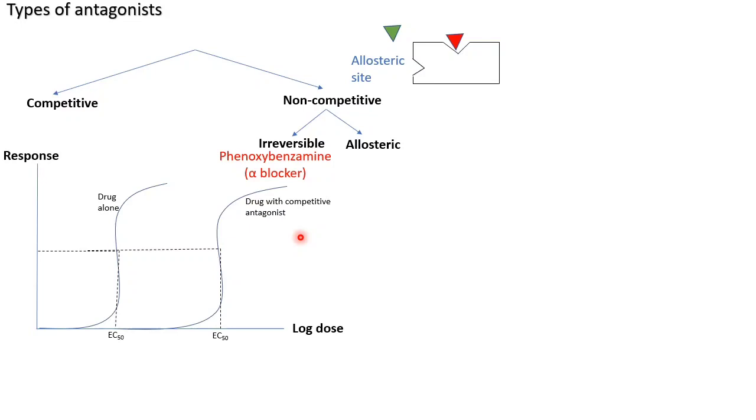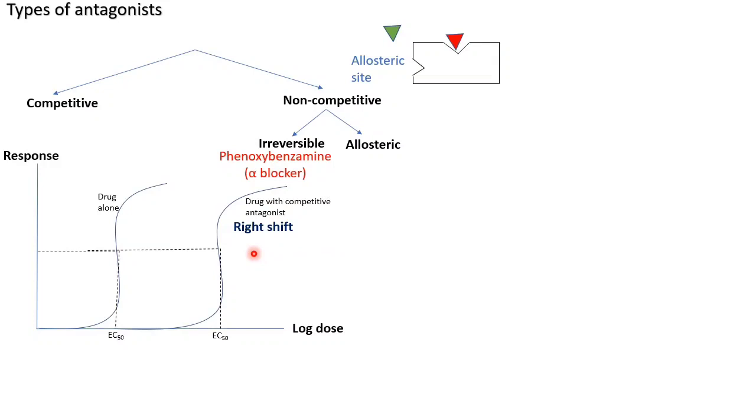Okay? Now, what would be the curve if we gave the drug after giving a non-competitive antagonist? We wouldn't expect to need a higher dose, because the non-competitive antagonist wouldn't be displaced, but also we wouldn't expect to get the same effect. So we would see a curve like that.